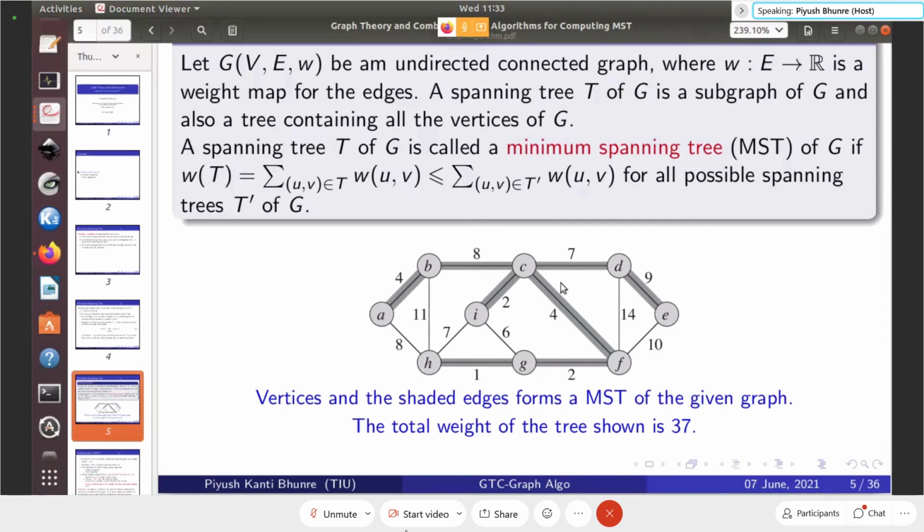Okay. And this is one of the MSTs. There could be another. Think about what if we remove the edge (B, C) and add another edge (A, H). If you remove (B, C), it will create two connected components, so it's not a tree, but you can add (A, H) instead of (B, C) in the spanning tree.